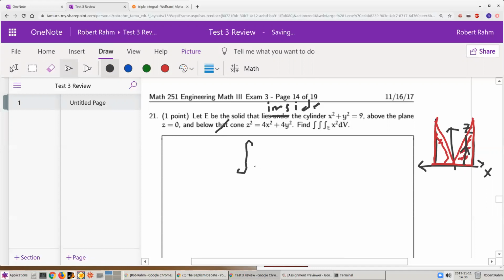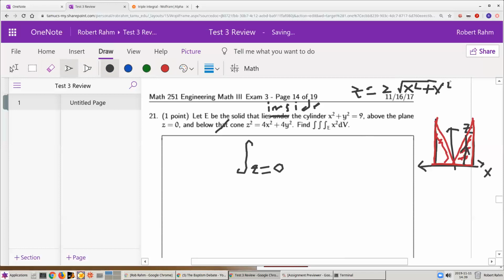So we're going to go from z equals 0. If I solve the cone equation for z, z is equal to 2 times the square root of x squared plus y squared.